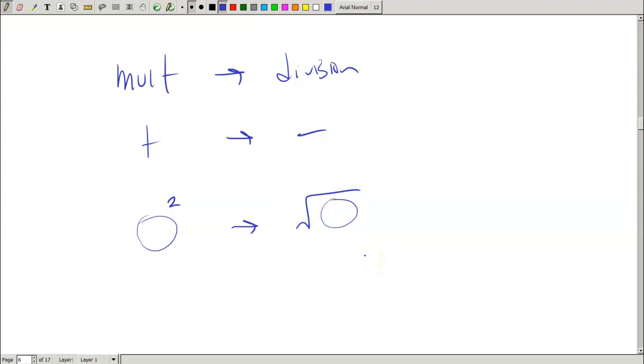One of the useful things about inverse is that it allows us to figure out what the original was, or in math, it allows us to solve equations. Because if we have something squared and we want to figure out, well, what was that thing before it was squared? We can use the inverse operation and take a square root and figure out what that original thing was. And so there's a lot of different inverses here, and that's what we're really going to get into. So we used them before, but we're really going to focus on that idea of inverse today.